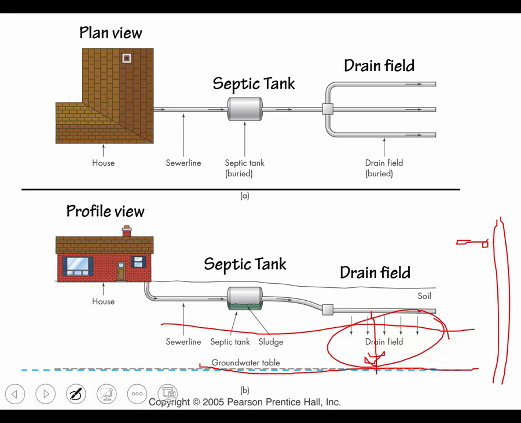Okay. And it works as long as you've got some distance and time for it to filter out and reduce some of the noxious material. And of course, the solids have to be pumped out periodically. It's not a job I'd like.